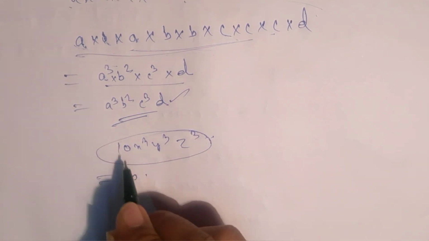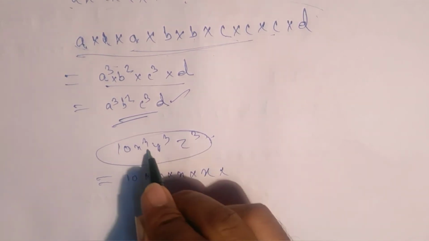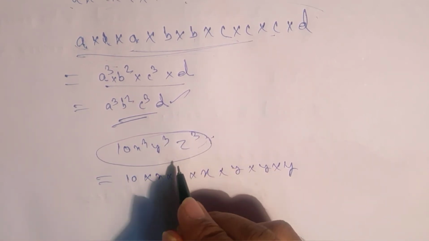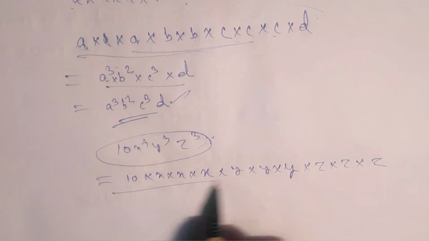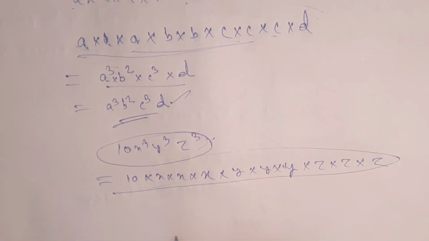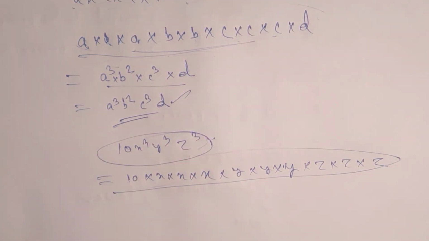Take x, that is x into x into x, 3 times, and then y 3 times, y into y into y, and then z how many times? 3 times. So we'll write here z into z into z. See, if we do this, it will take lots of time and space, but this one saves space and takes less time. That's why we are using power of literal notation, which helps us to do so many problems easily.